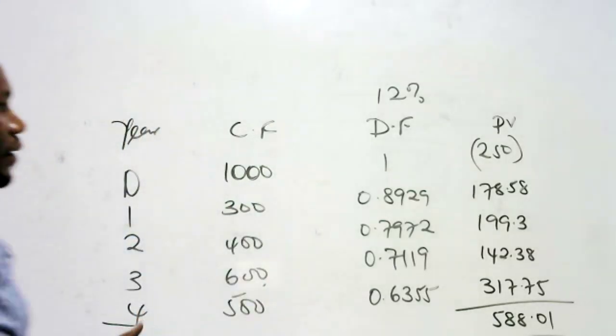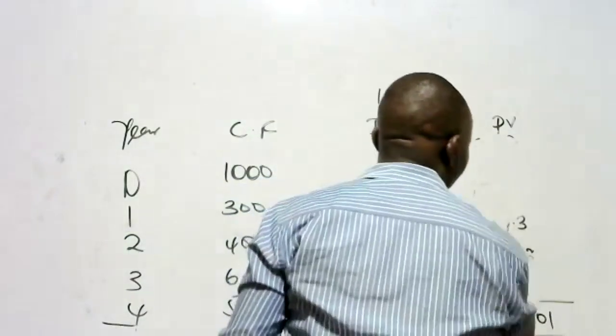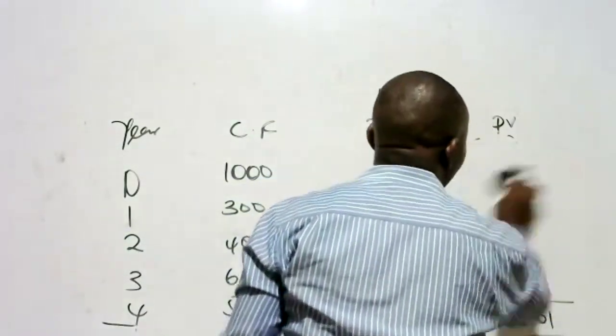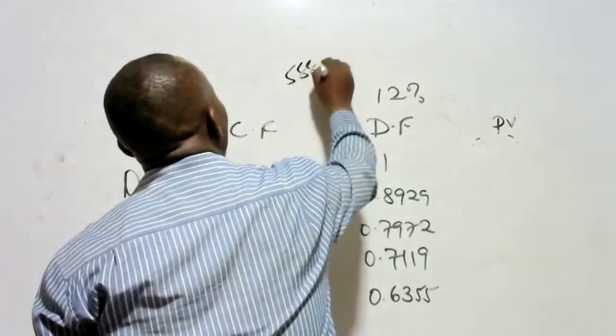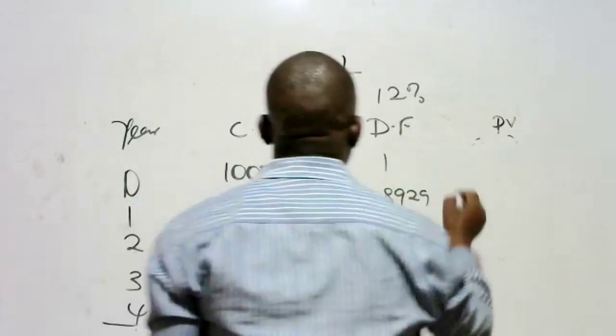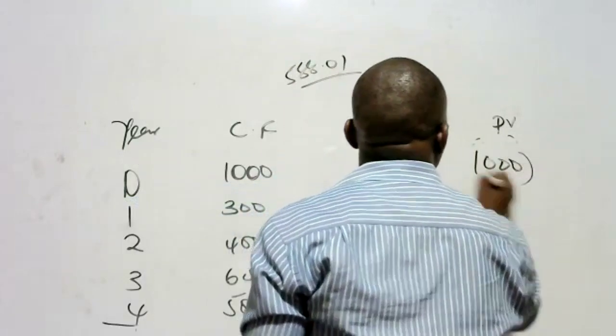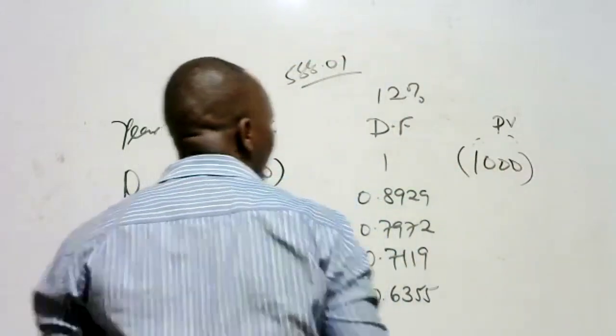So let's compare. 588.01. Okay, so here 1,000 is money going out.